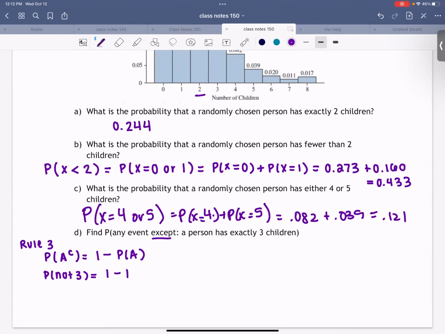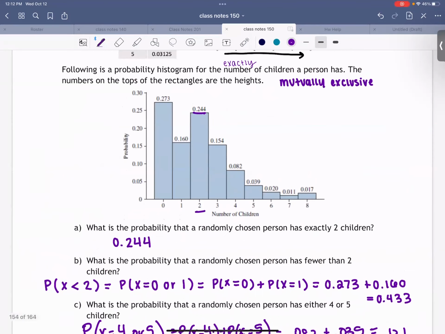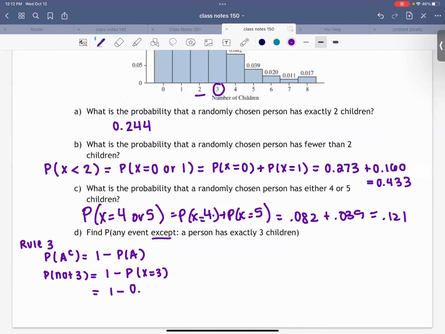To find that, I can subtract from 1 the probability of 3, its opposite. So having exactly 3 children is the opposite of not having exactly 3 children. What's the probability of having exactly 3 children using my chart? I think I heard it 0.154, right? So all I'm going to do is take 0.154, subtract it from 1, and I'm going to get 0.846.